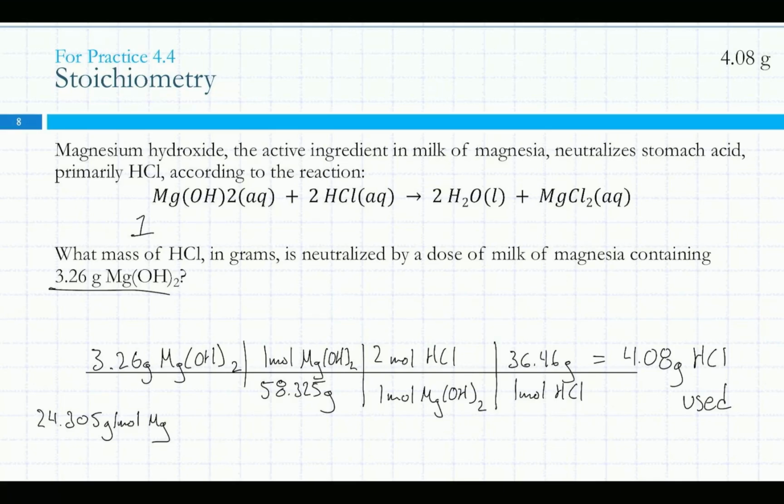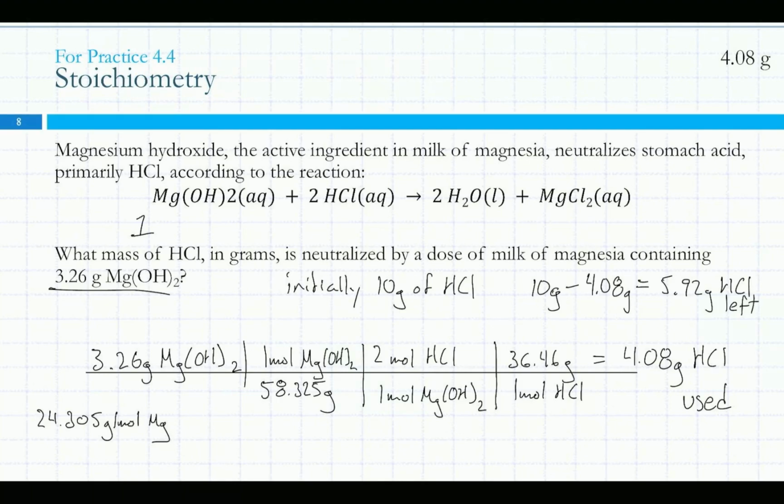So if I told you there was 10 grams of HCl present at the beginning, how much HCl is left over? That would be how much I started with minus 4.08 grams, which should give you like 5.92.